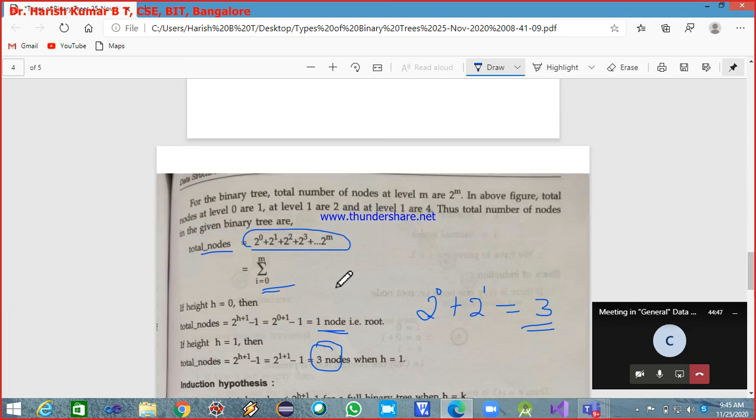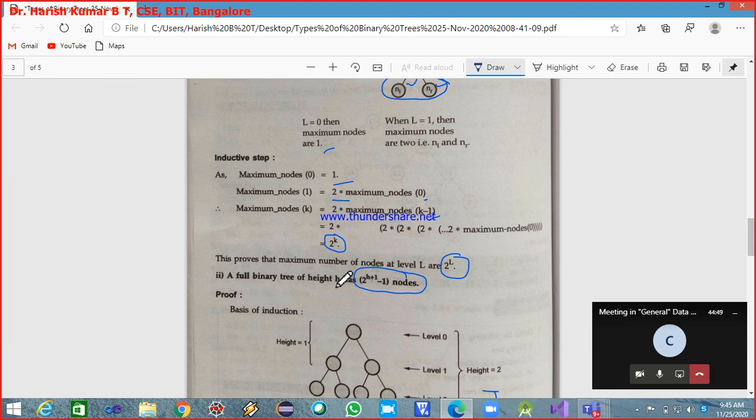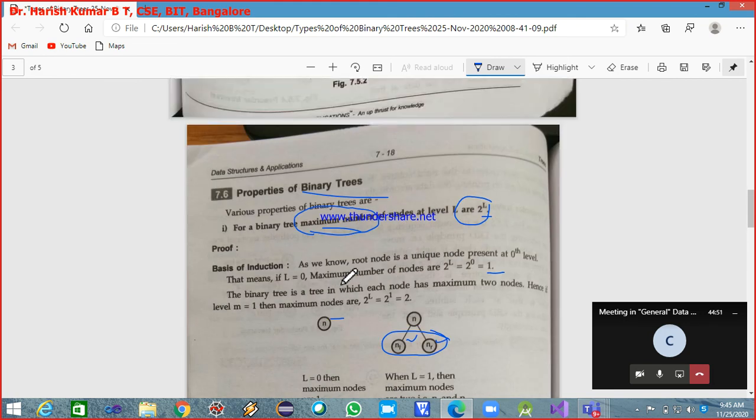Okay. So we understood two properties now. One property is that the maximum number of nodes at level L is 2 raised to L. Don't confuse: what we are discussing in this property is the maximum number of nodes at a particular level.